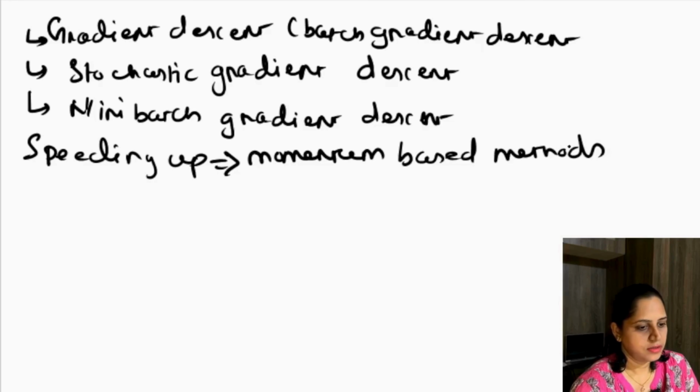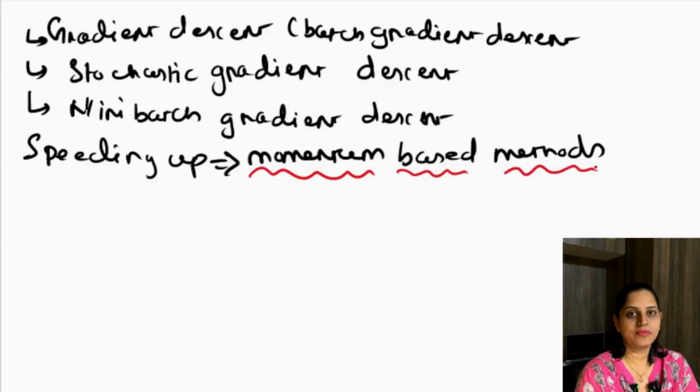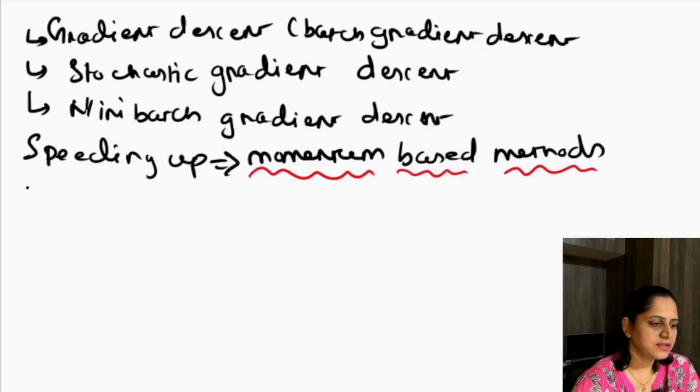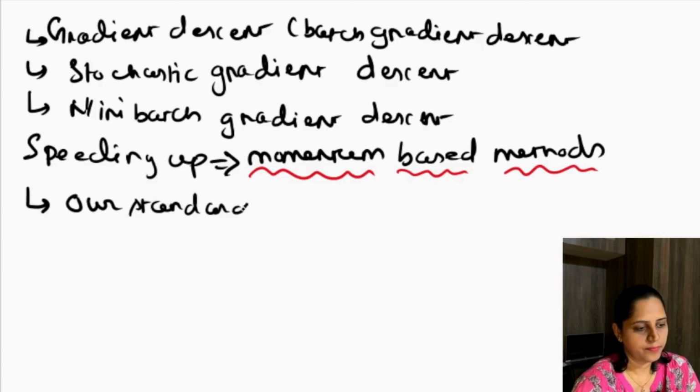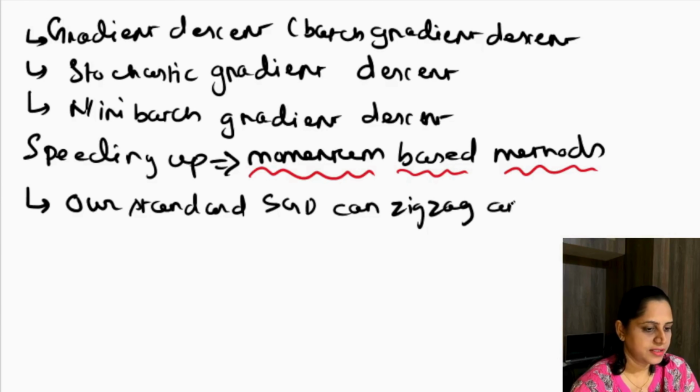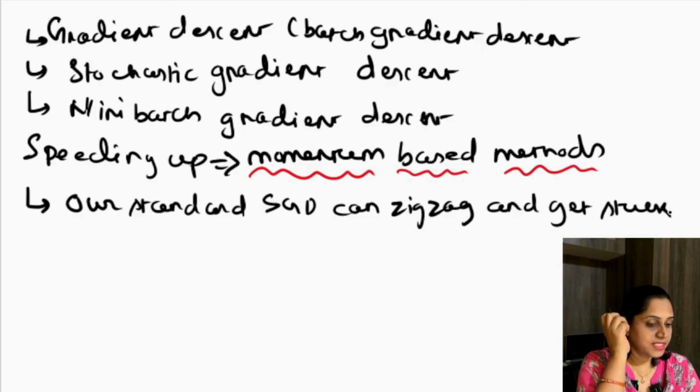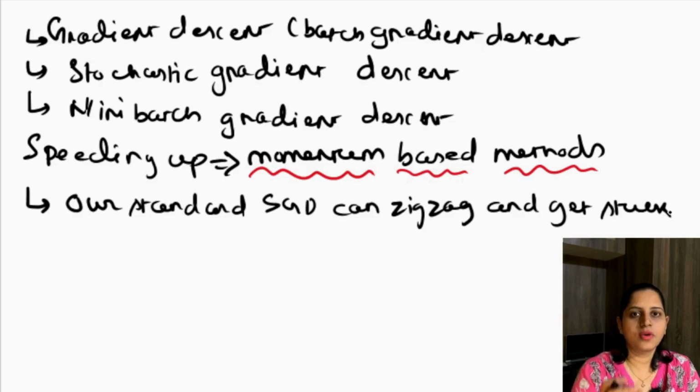When there is a term called momentum, it means my gradients are getting momentum to act faster. What is the significance of this? Our standard SGD, or standard gradient descent, can zigzag and get stuck. Just imagine your ball gliding down a hill, and somewhere it finds a hole, so it's stuck there.